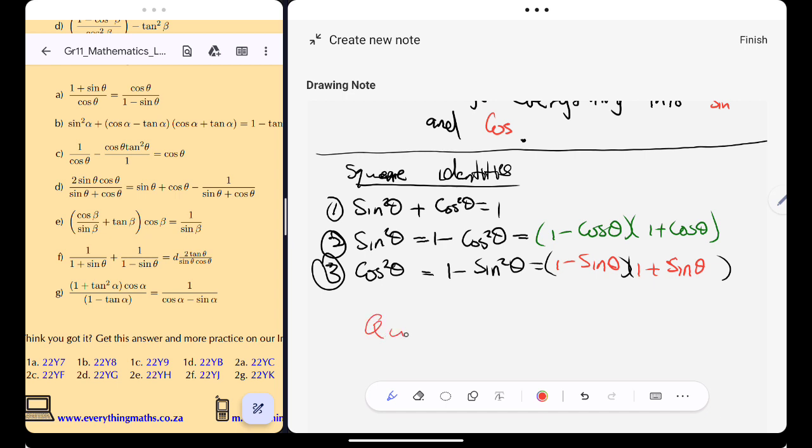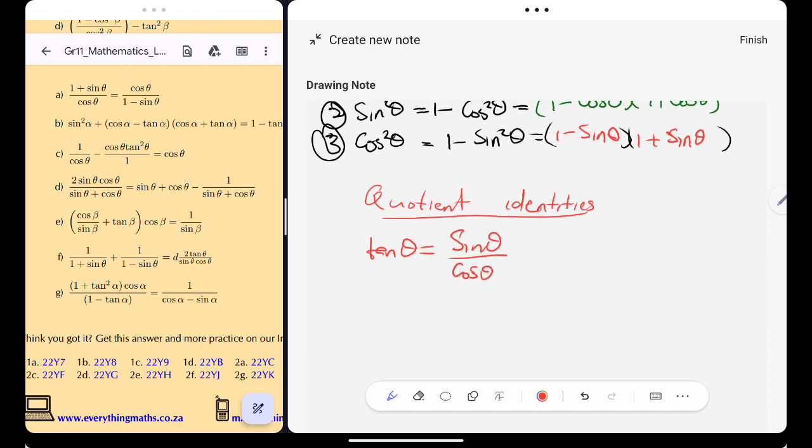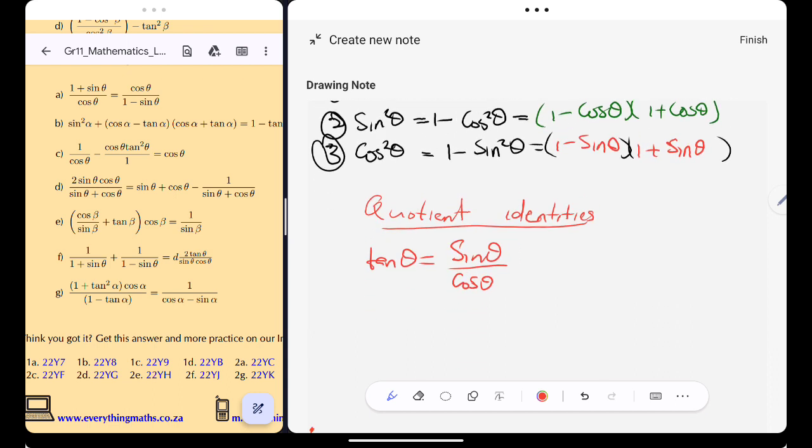And then the only quotient identity we'll need to prove these things is the one that says the tan of angle theta is sin theta all over cos theta. Okay, now let's prove the identity.